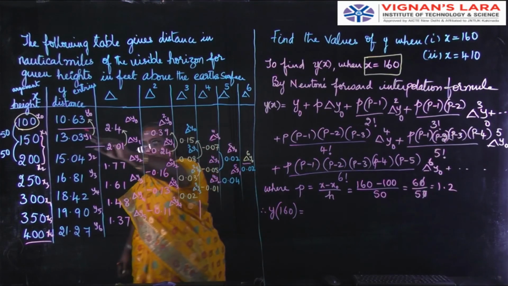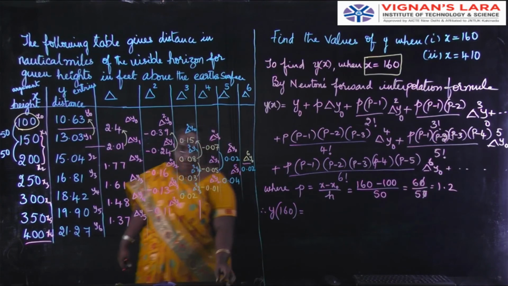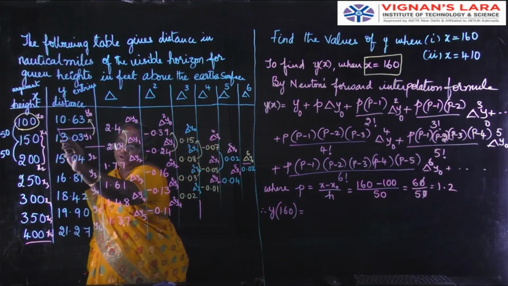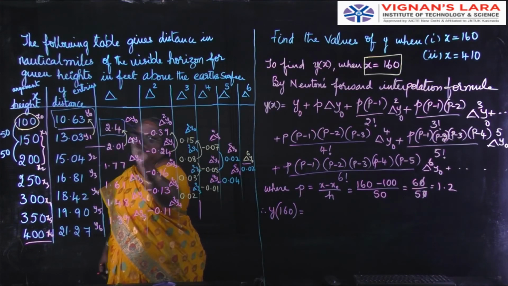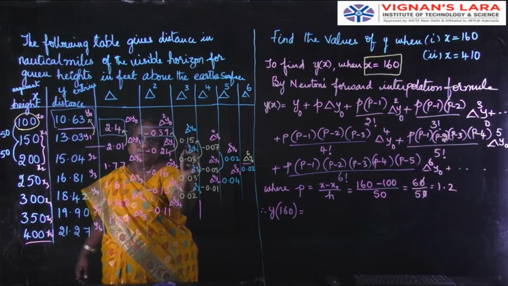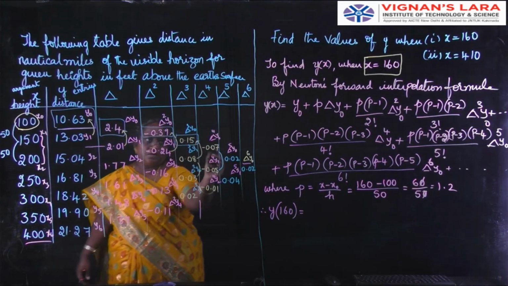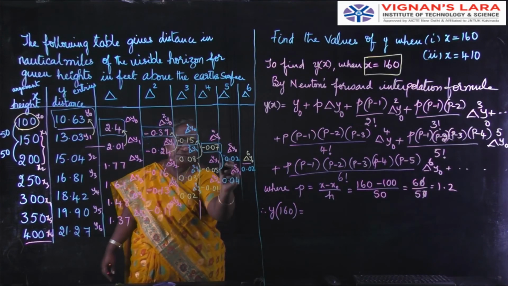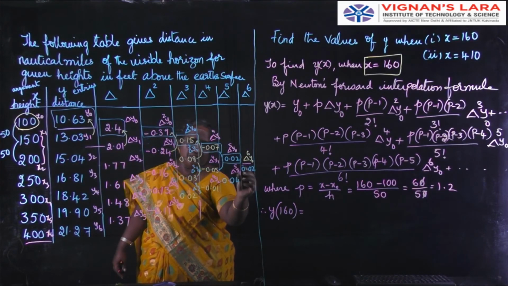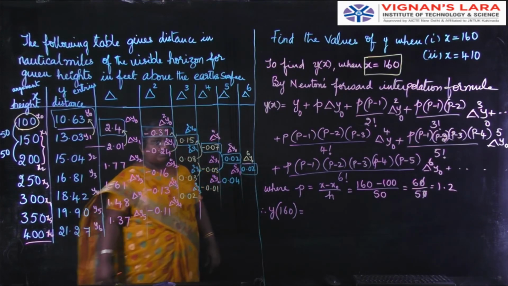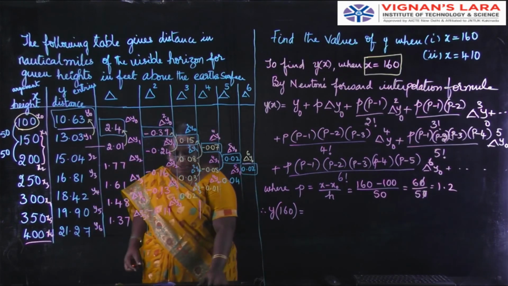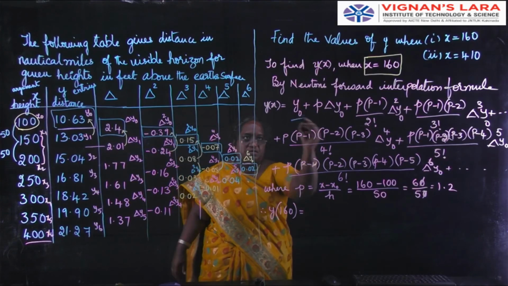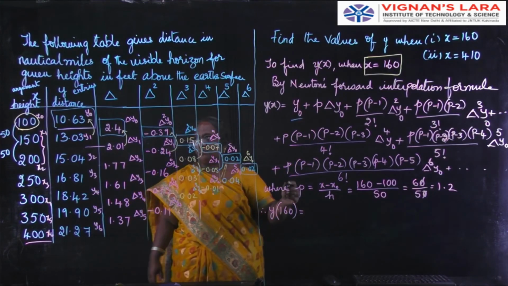From the table, all the values, if you observe here, are top values: y naught, del y naught, del square y naught, del cube y naught, del power 4 y naught, del power 5 y naught, and finally del power 6 y naught. All these values we are going to use from the table. So substituting those values, let us see. What is y naught? 10.63.